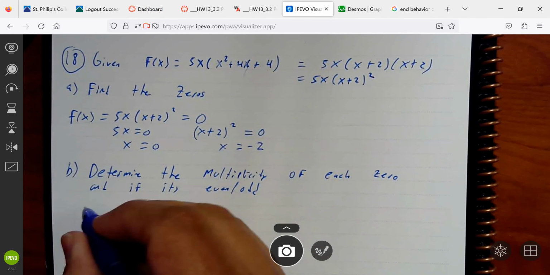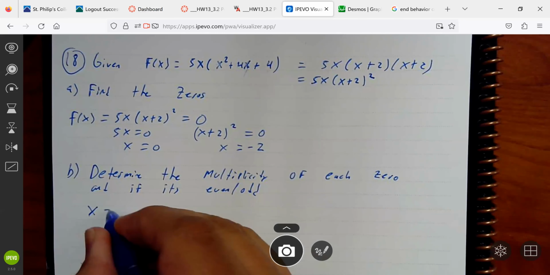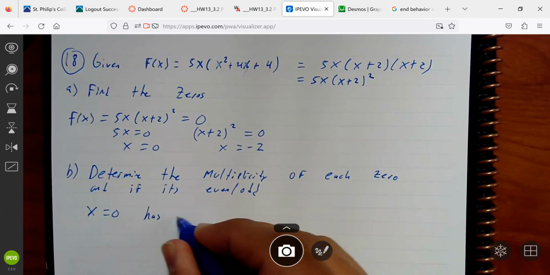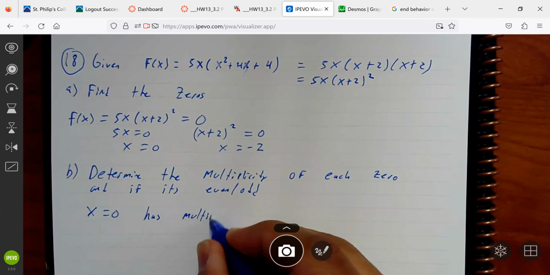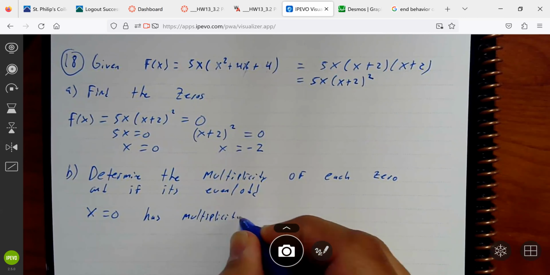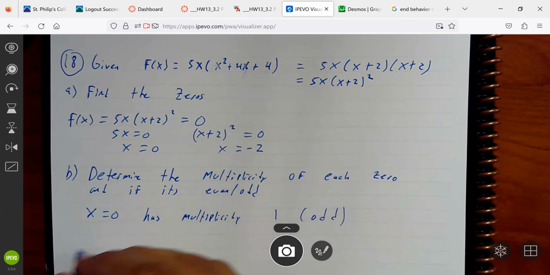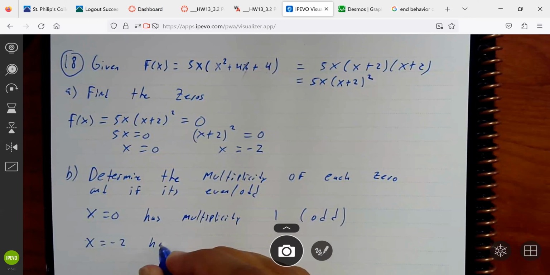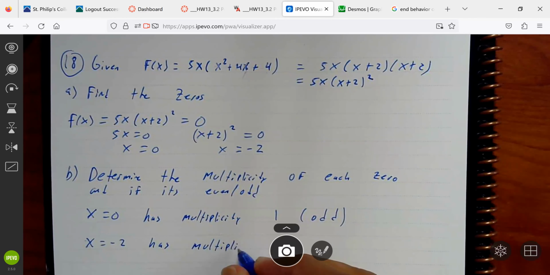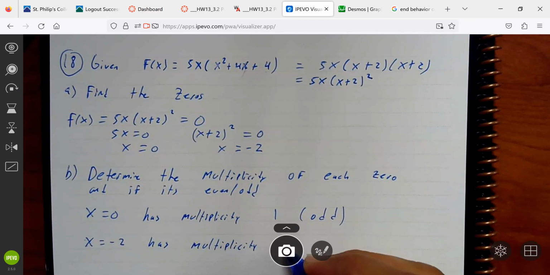So x equal to 0 has multiplicity 1, which is odd. X equal to -2 has multiplicity 2, which is even.